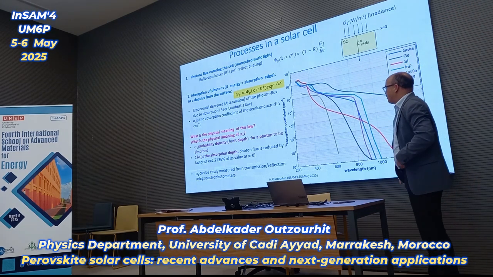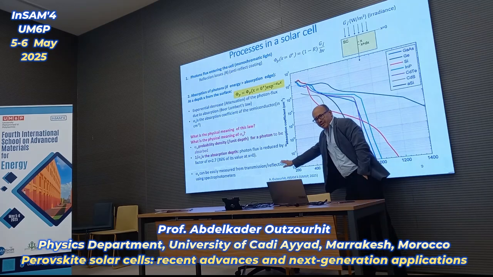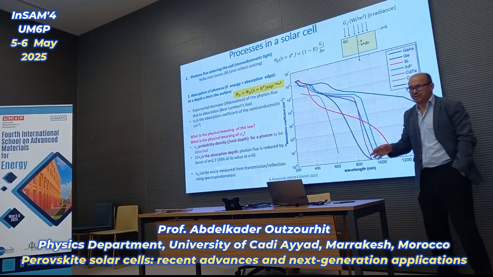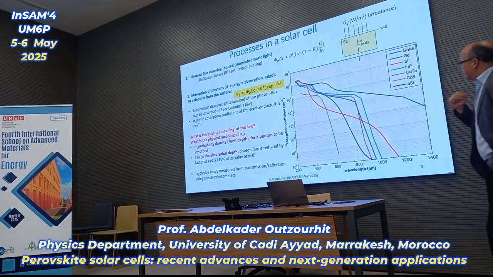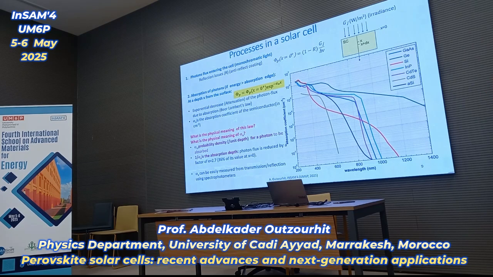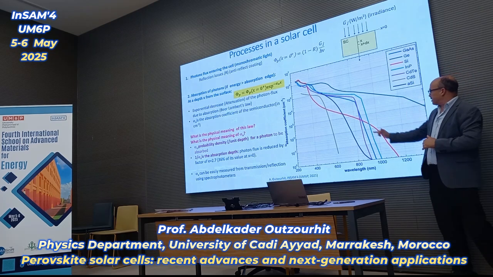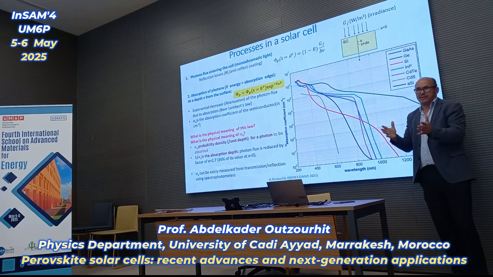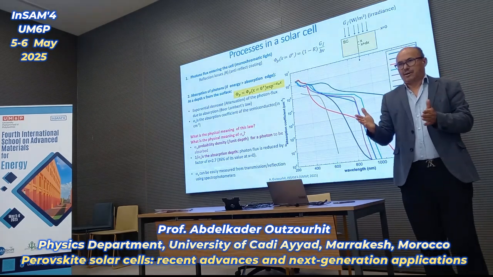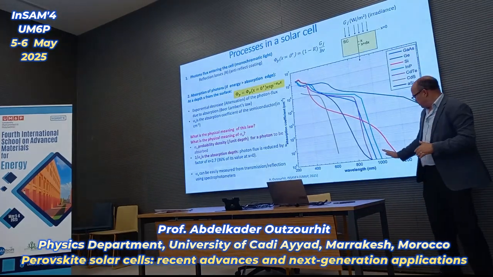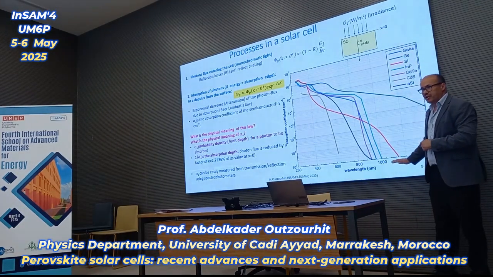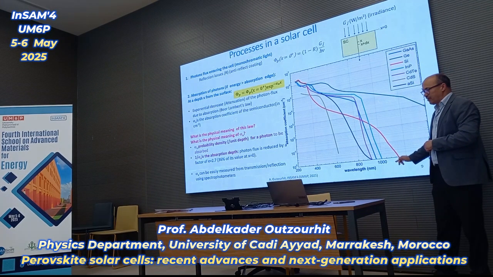The absorption coefficient is usually measured from transmission and reflection measurements. But let's find some orders of magnitude of alpha. The photons that are really effective in solar cells are those close to the band gap, the threshold, which you can think of as the threshold wavelength or threshold energy.